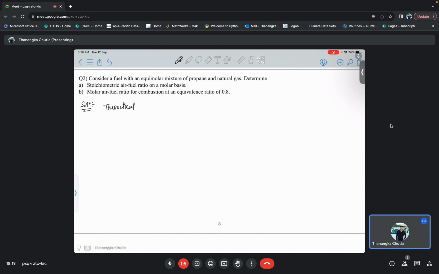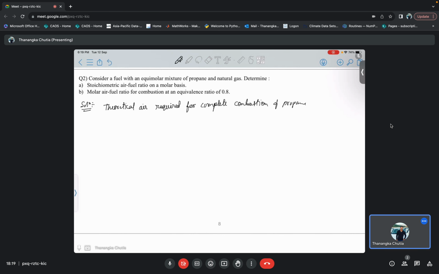Theoretical air required for complete combustion of propane.